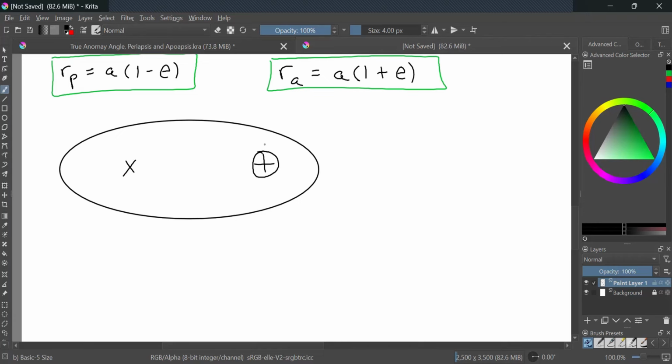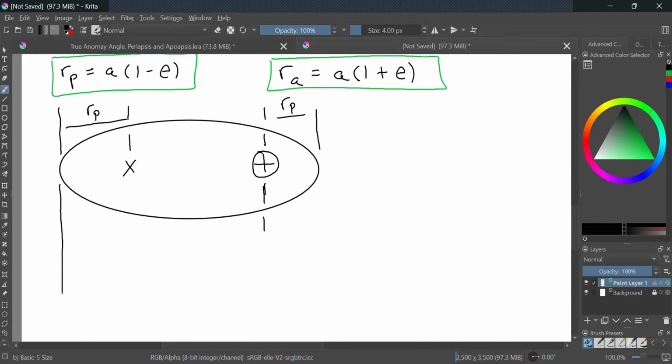If we have ourselves a periapsis distance over here, we know that this distance is also a periapsis, the same thing as our periapsis distance. And let's go ahead and bring it down here.